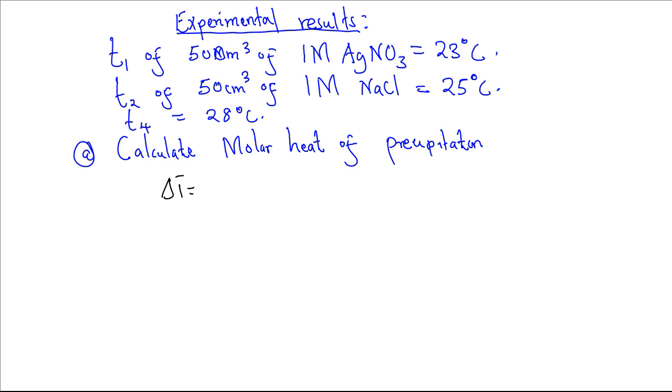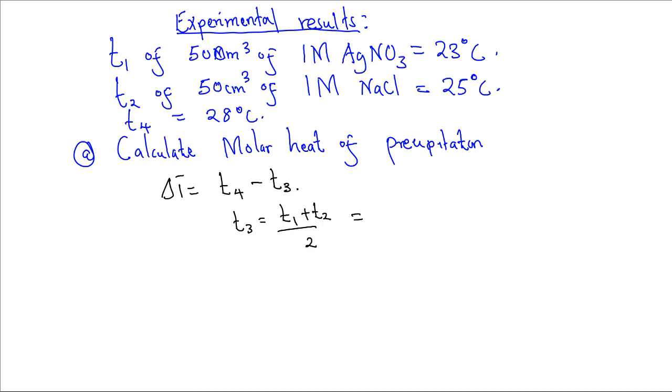Now, let us first obtain delta T, that is T4 minus T3, and T3 is T1 plus T2 over 2. That is the respective temperature values of the two soluble salts.